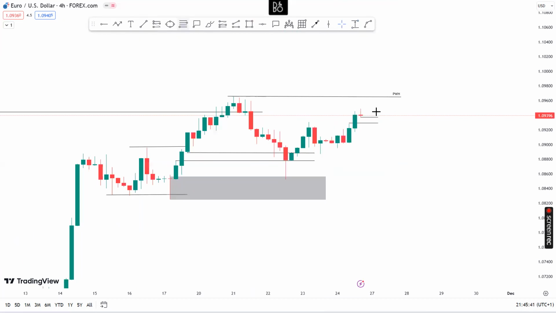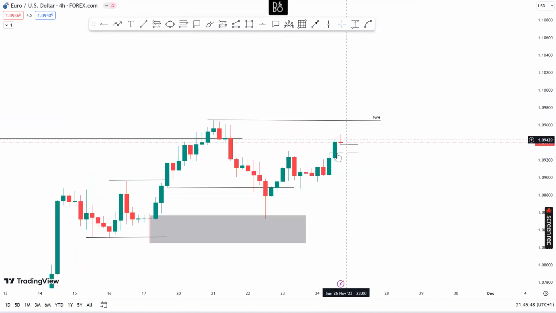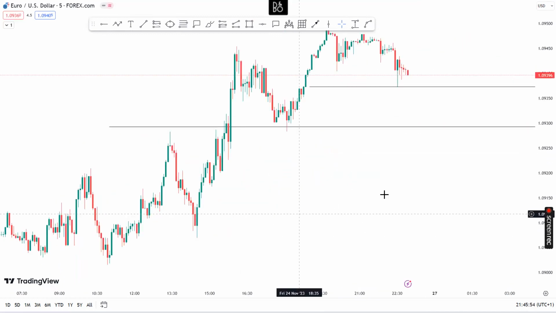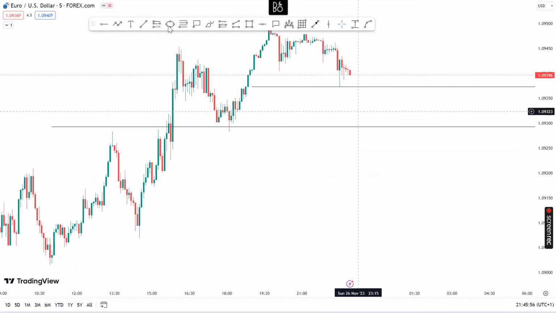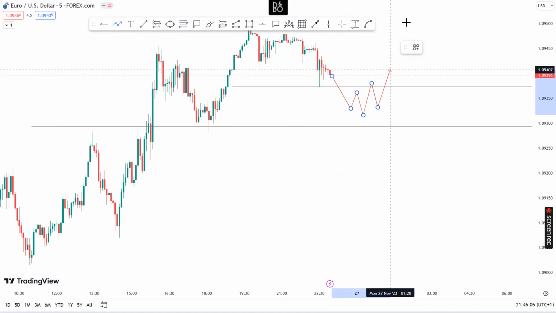So, if the market opens, I will look to see if I can get a clear entry here from the 5 minutes, something like this. Lower time frame liquidity grab, market structure shift, and another fair value gap.